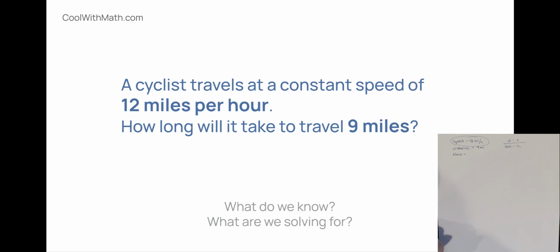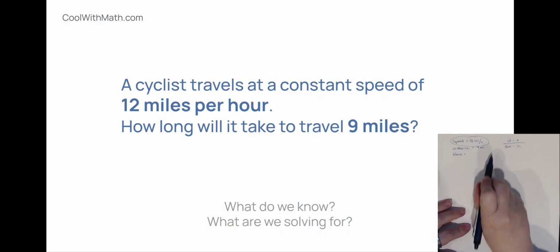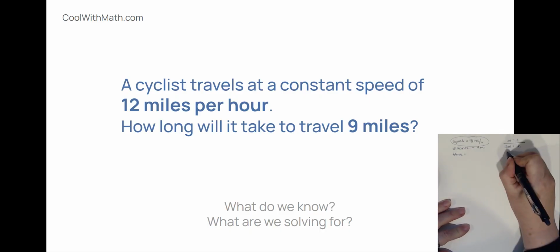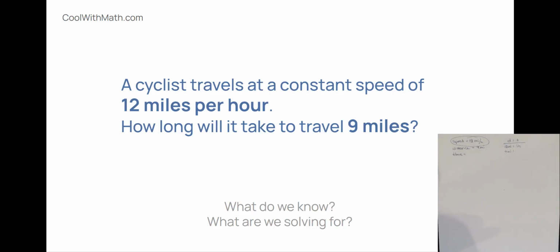If I'm looking at this, I can see that what I really want to solve for is 9 miles. Now remember, when it comes to ratios, we can't just subtract some numbers from both sides. Even though 12 minus 3 would give us 9, 1 hour minus 3 hours would give us -2 hours, which doesn't make any sense in this context.